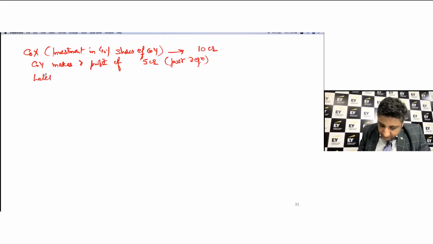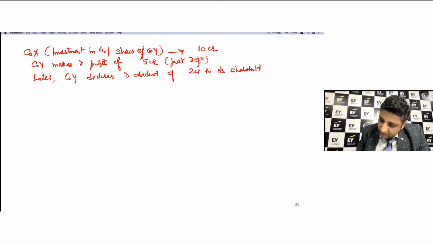Later, company Y declares a dividend of 2 crore to its shareholders. So when you look at this scenario, how do you deal with that part?